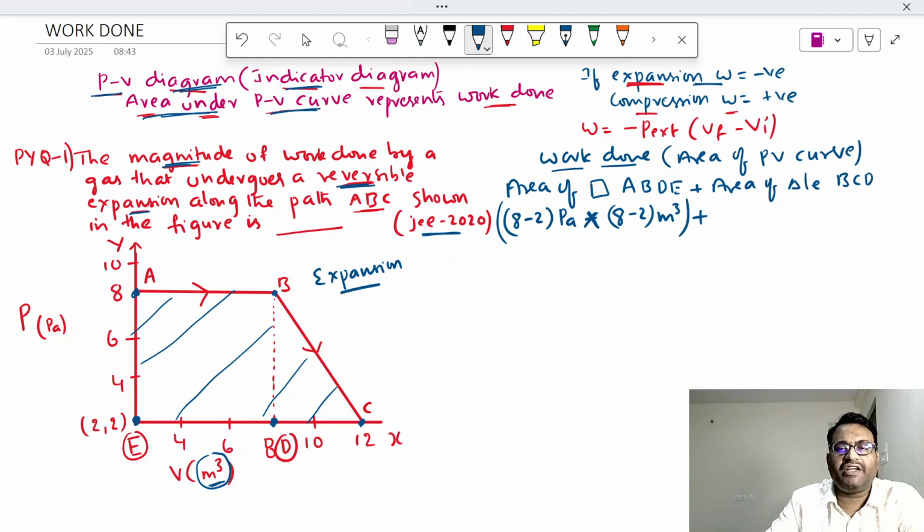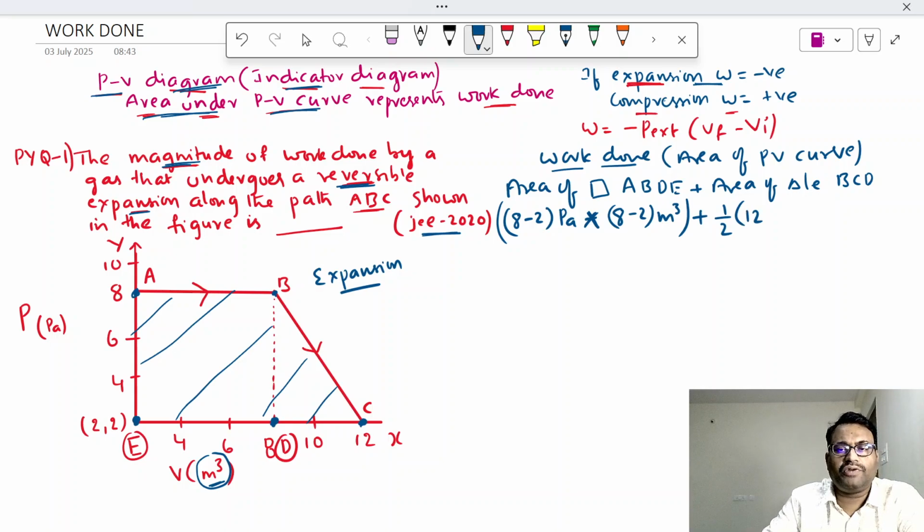What is the area of the triangle? Half into length into breadth. Okay, so let us take the x-axis as length and the y-axis as breadth. On the x-axis for this triangle, the initial volume is 8 and final is 12.